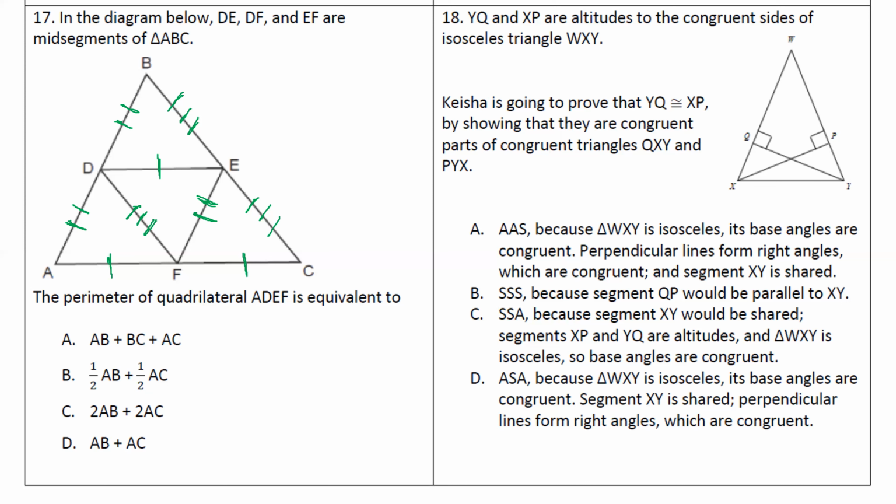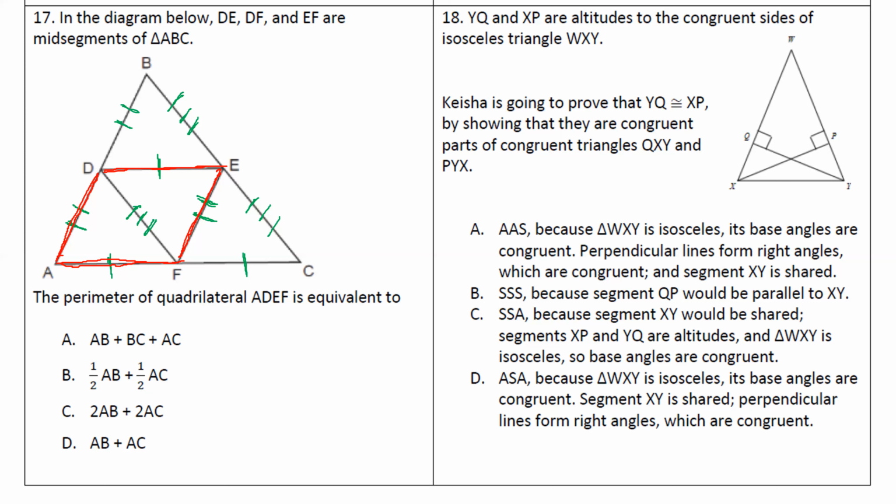So they're talking about quadrilateral A, I'm going to highlight this, D, E, F. This is the quadrilateral that we're looking at. So they want to know which one of these equations is equivalent to the length of the perimeter of that quadrilateral.